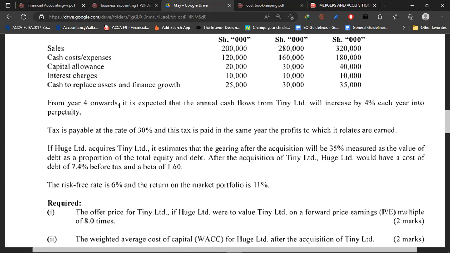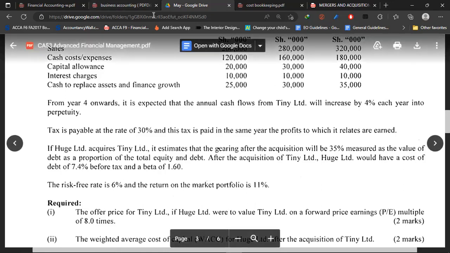Now, I just want to check on the question straight away by going back to the board, and we see how we can handle it in a proper way.